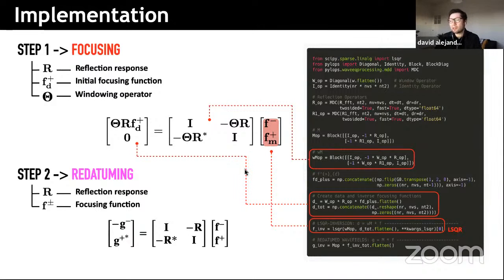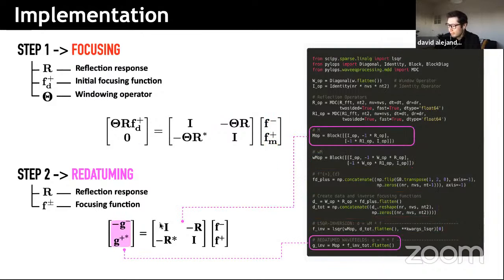Now this step is called focusing, and this is going to solve for the focusing functions. Then if we want to look for the Green's functions that I was referring to before, we need to solve the redatuming problem. That is basically applying this operator to the focusing functions, and that will give us access to the Green's function. Now, in the code, our matrix here, what I call M, is basically this block matrix, where we observe the identity matrix and also the reflection responses.